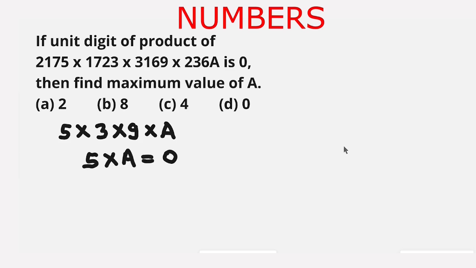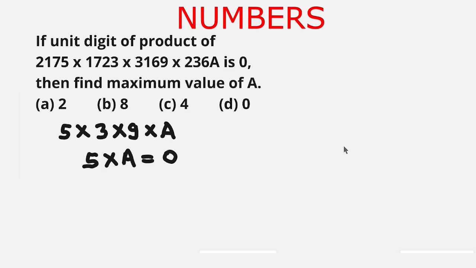As we know, whenever 5 is multiplied by any even number, it ends with 0. Like 5 times 0 is 0, 5 times 2 is 10, which has ones place 0, 5 times 4 is 20 and ones place is 0, 5 times 6 is 30 and ones place is 0, and 5 times 8 is 40 and ones place is 0.